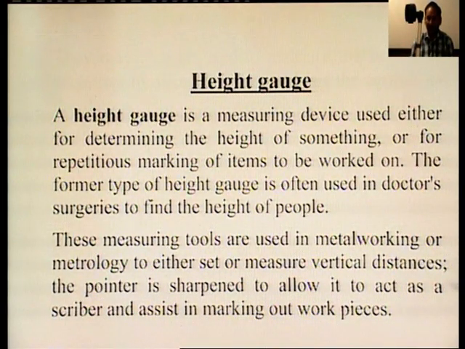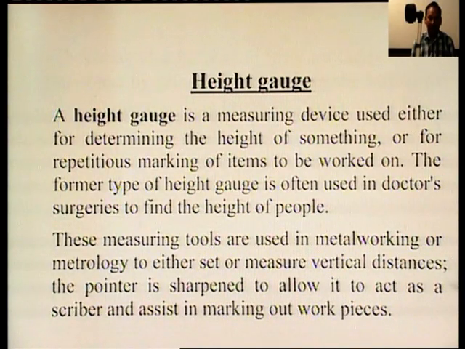So, the first topic is the height gauges. If we discuss the definition of height gauges, a height gauge is a measuring device used either for determining the height of something or for repetition marking of items to be worked on. The former type of height gauge is often used in doctors' surgeries to find the height of people.